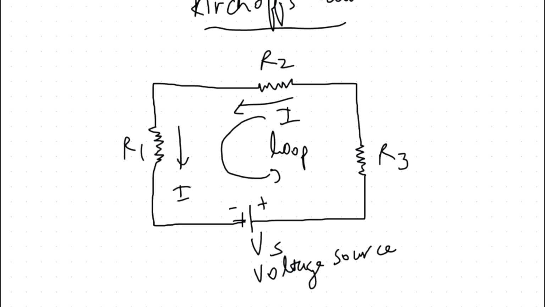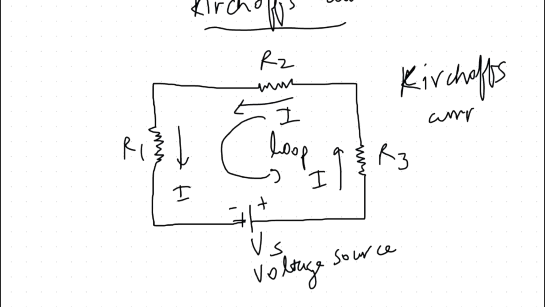Current always flows from positive to negative. Just remember that. So we need to remember that Kirchhoff's current law, or KCL, states that the sum of currents at a junction is always zero.